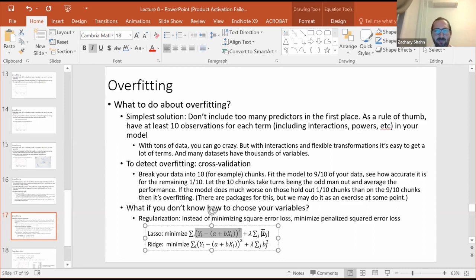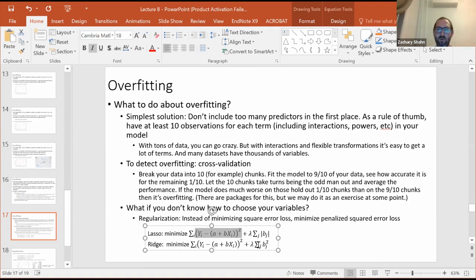And it's saying minimize, find the b's that do as well as possible at predicting the y's, subject to the sum of the absolute value of the coefficients not being too high, like times some penalty factor. And alternatively, you could do the sum of the squares of the coefficients not being too high.